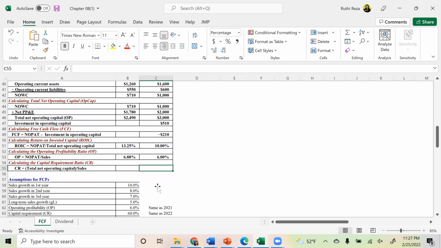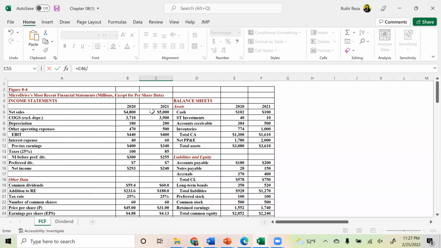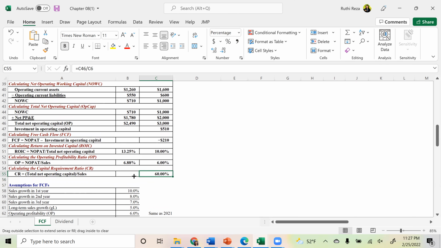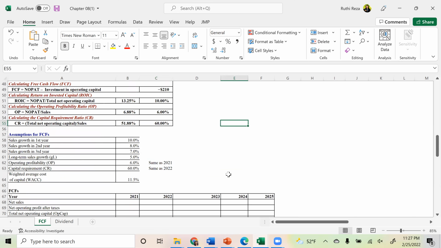The capital requirement ratio is total net operating capital over sales revenue. That means our investment in total net operating capital for every dollar of sales revenue. Now here, total net operating capital over our sales revenue. Right.